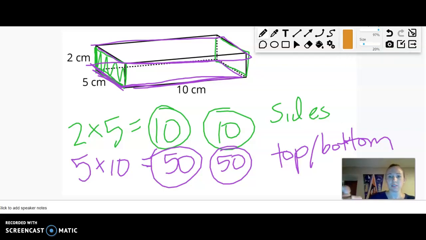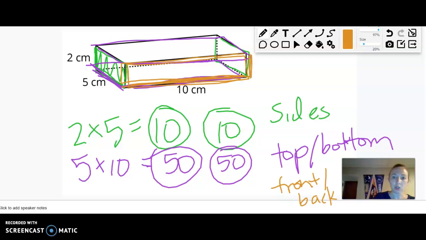And then we have my front and back. Really look at how, okay, this is 10. It's labeled right there. I don't know how tall it is, but I know it's going to be the same height no matter where it's written. So that's 2 times 10, 20.